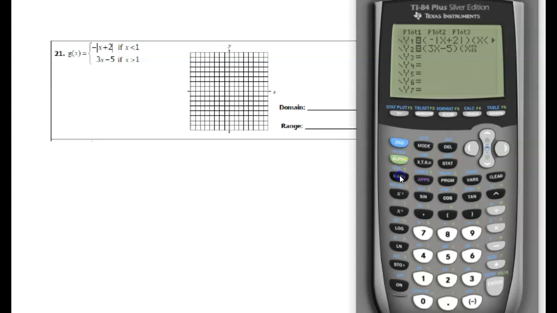So I do a second math to go to my logic, or my greater than, less than symbols, and I'm going to use x greater than 1, close the parentheses, then I'll go ahead and graph.